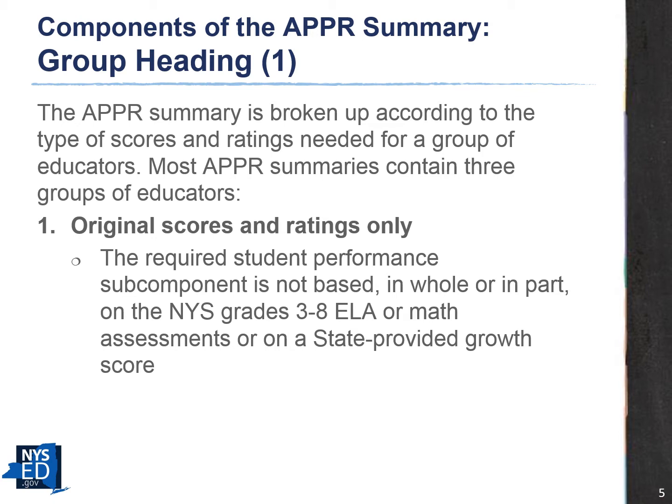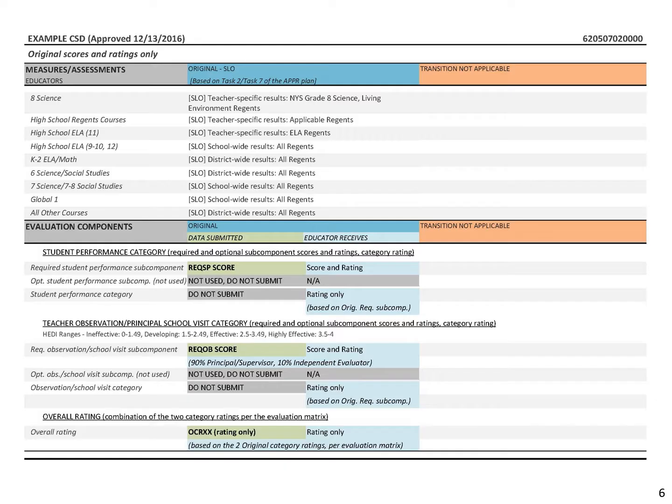The required student performance subcomponent is not based in whole or in part on the New York State grades 3 through 8 ELA or math assessments, or on a state-provided growth score. The first group of the APPR summary contains information related to educators who need original scores and ratings only.